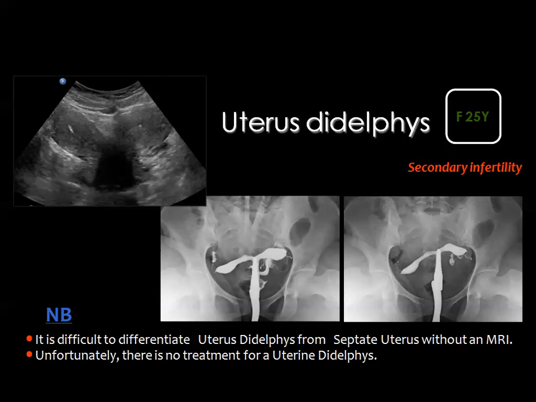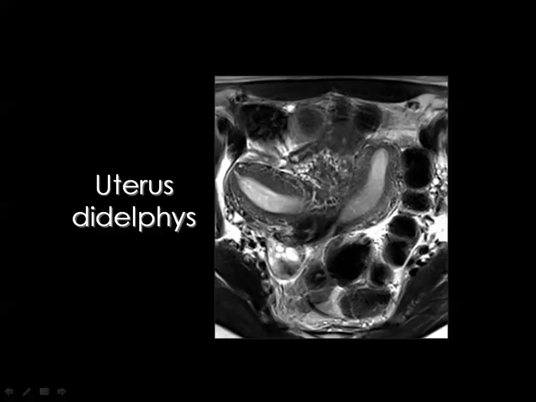But sometimes it's difficult to say for sure if this is uterus didelphys or bicornuate uterus, then you should remember that in the bicornuate uterus, there is some fusion between the bodies of the uterus at some distance from the region of the fundus. And here is the uterus didelphys. You can see two separate uterine cavities, two separate cervical canals.